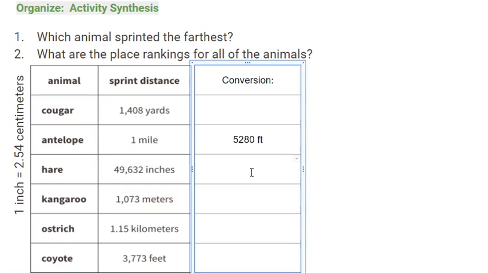And you should have 4,136 feet. Okay, so far, pretty easy, right? Here we have just feet of 3,773 feet.